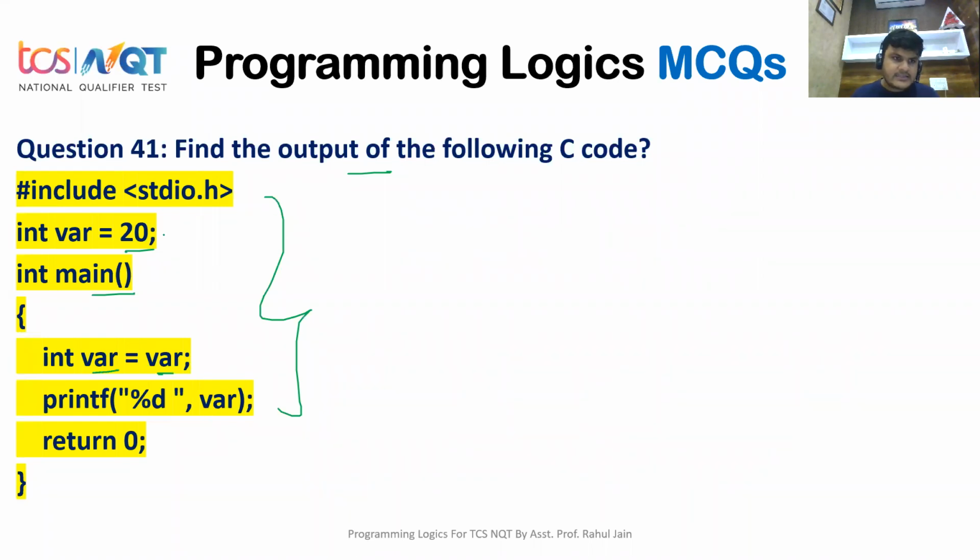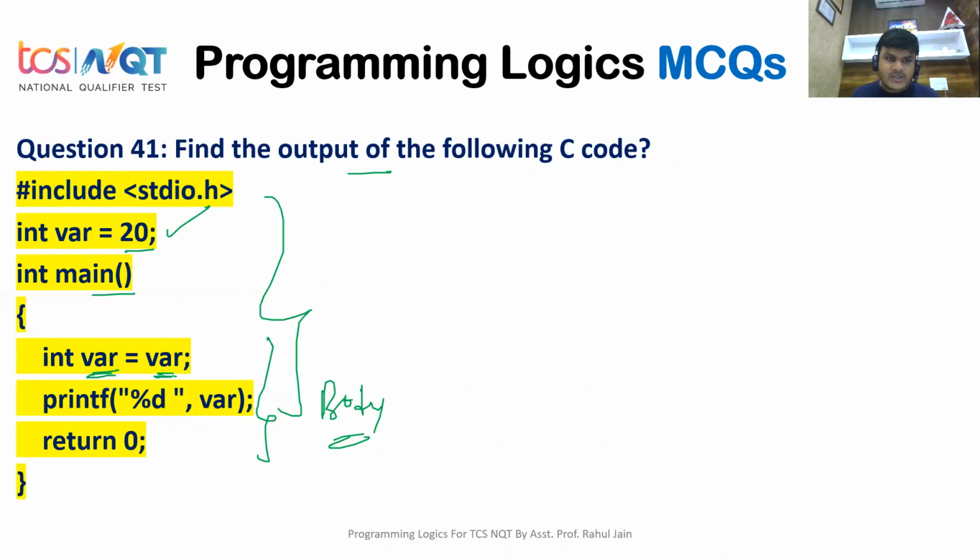You will analyze the code: an integer variable is declared with the name var, and inside the body of main, int var = var is declared. But what does it mean? It is int var = var, and then a semicolon. If you see, it will not assign this 20 value to it.